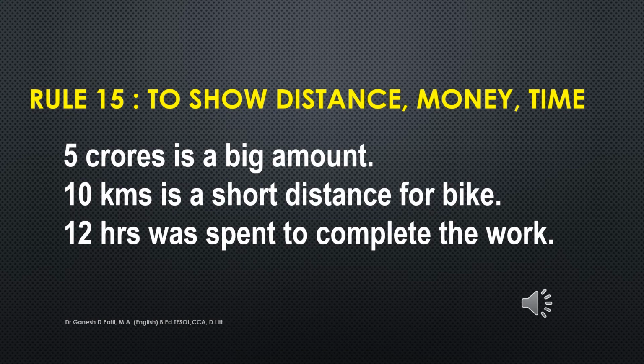The subject showing distance, money, or time always takes a singular verb. For example, 5 crores is a big amount. 10 kilometers is a short distance for a bike. 12 hours was spent to complete the work. Here 5 crores appears to be a plural, but remember, whenever you mention amount or money, it always takes a singular verb after it.